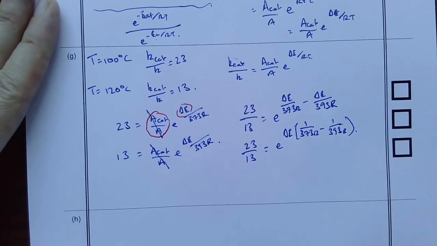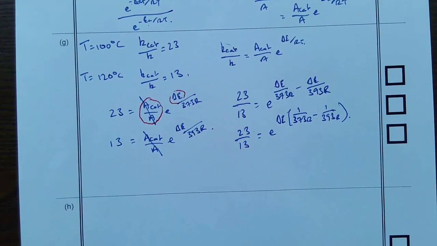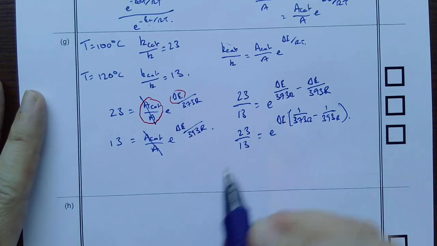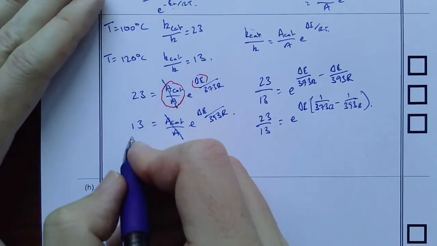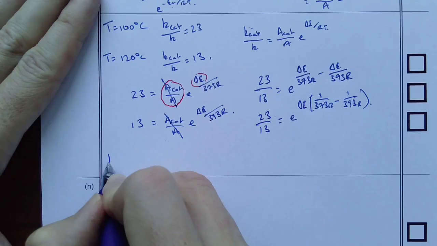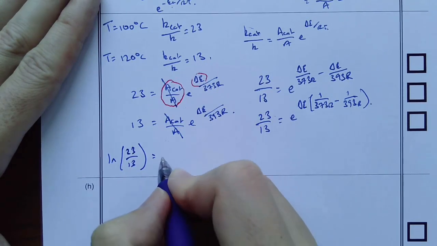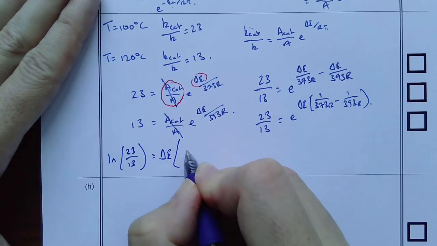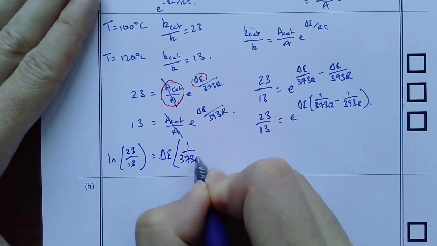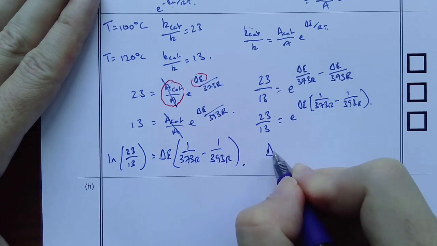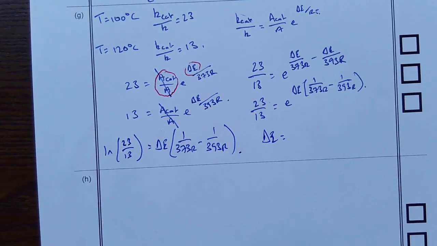Now, you might find it easier to do it all in terms of the algebraic variables. But for me, I know what R is, so all I need to do is solve for e. So I'm going to run out of space, so let's go down here. It's going to be log 23 over 13 equals delta E times 1 over 373R minus 1 over 393R. And then you can solve for delta E.